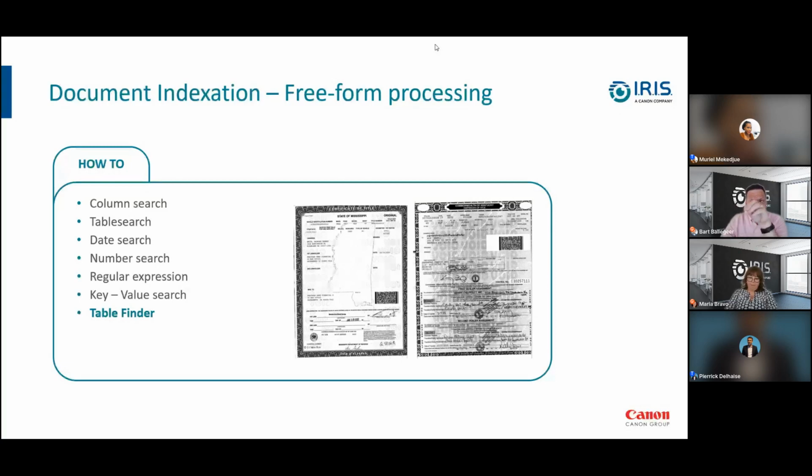Even tables where we have a different structure, we are capable of reading and do some record management behind. I will not explain how this works because then I need another half hour to do so. But remember that even unstructured tables, we are able to automatically read from here.